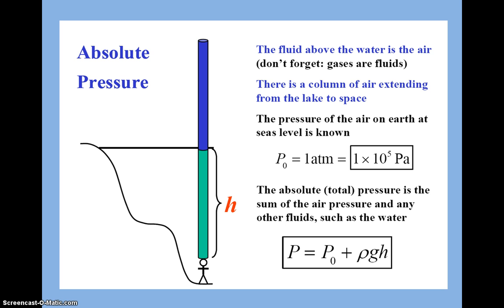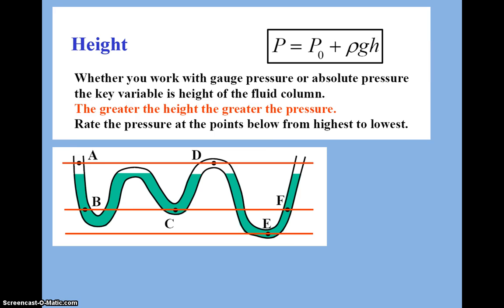So the entire pressure, the total pressure, is called the absolute pressure, and that would incorporate the atmospheric pressure. The atmospheric pressure is usually written with a P sub naught, and it's 1 atmosphere, 1 times 10 to the 5th pascals. So if you wanted to find absolute pressure, you would calculate your gauge pressure and add the pressure of the atmosphere to it.